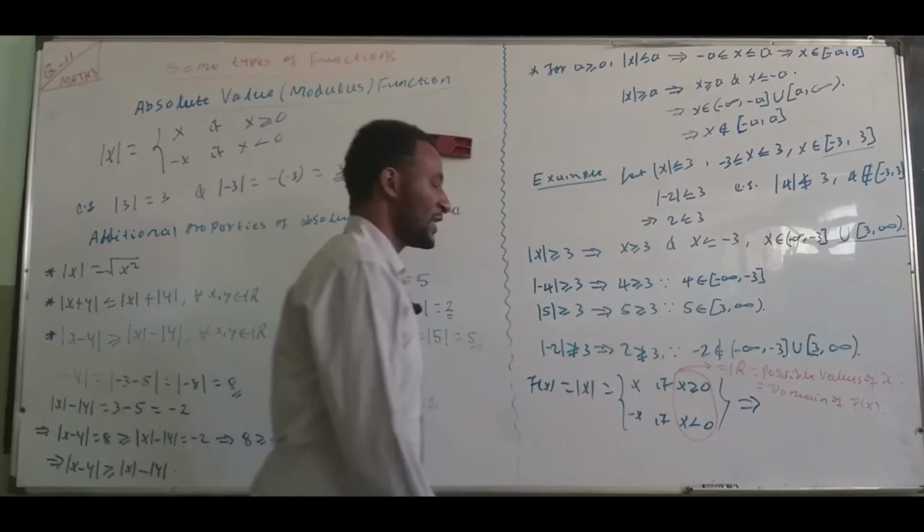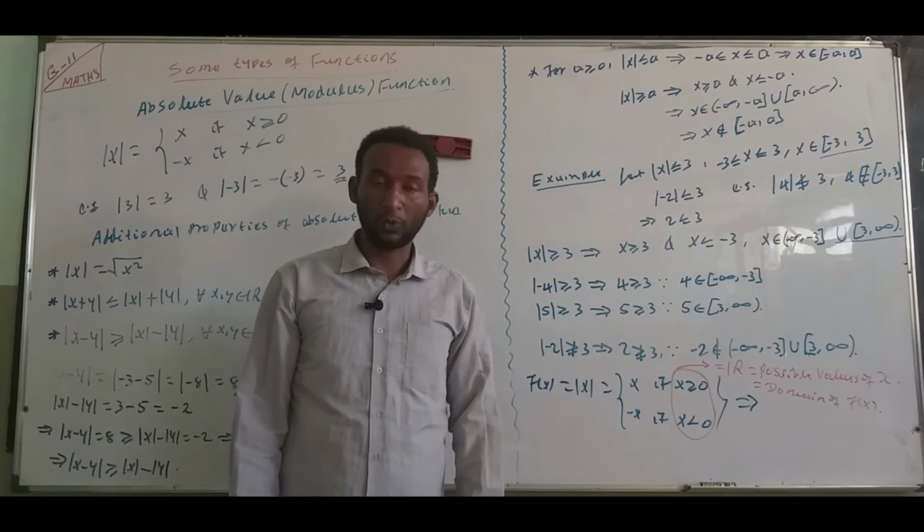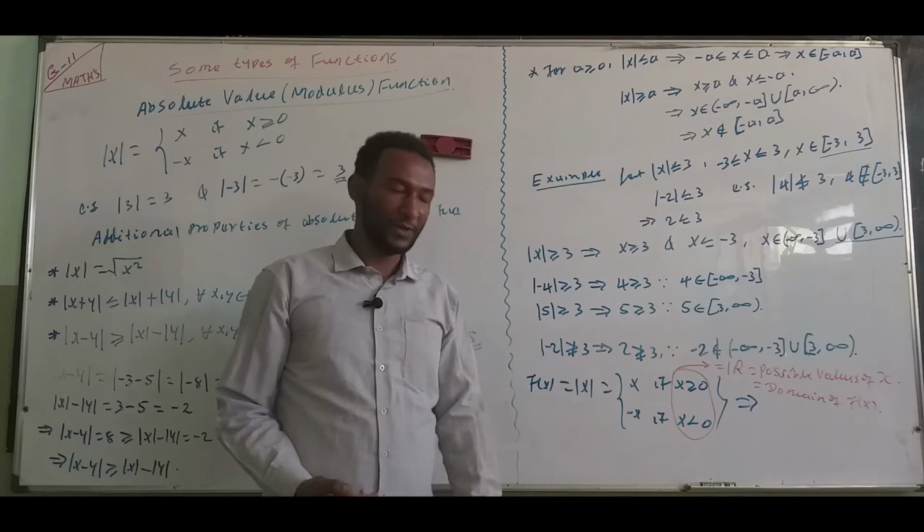The possible value of y, or the possible value of the given function, means the range of the given function.